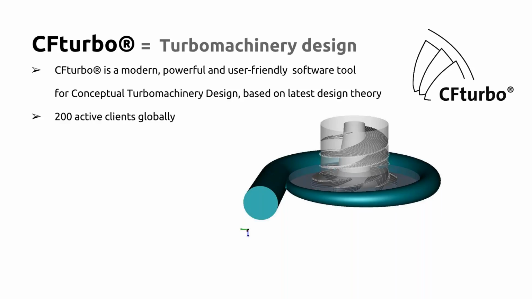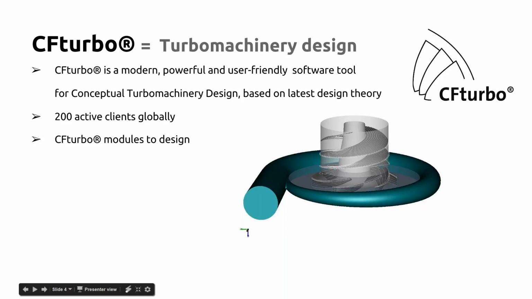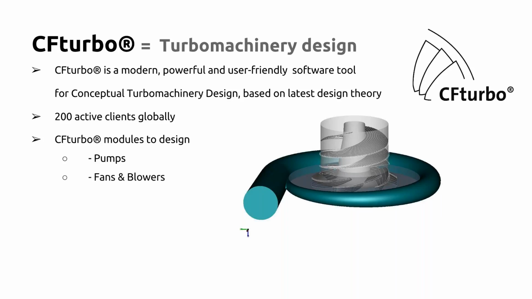Right now we have something like 200 active clients globally. And we offer in our software suite different modules, and those modules are design modules for pump, which can be both axial as well as centrifugal.